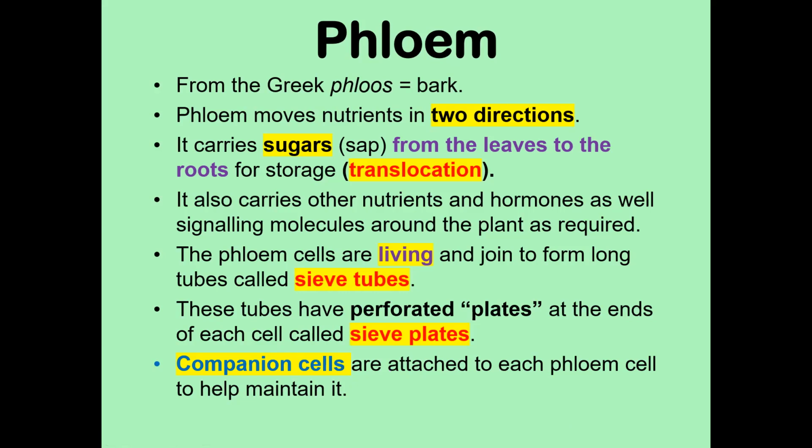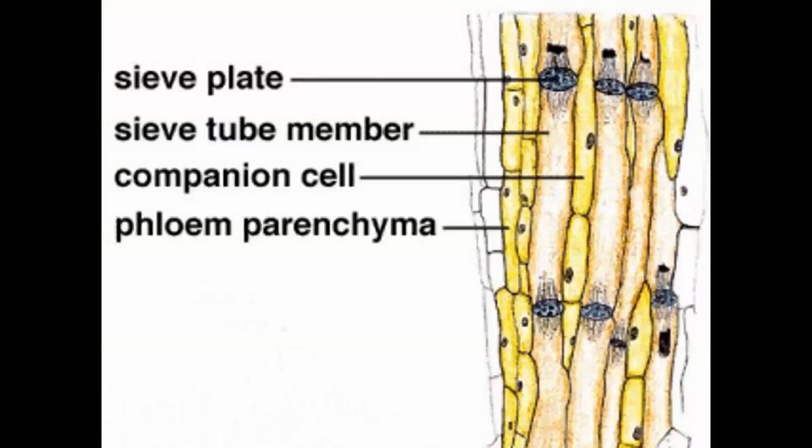And each phloem cell has got its own companion cell. So here's a diagram of it. Here we have a phloem cell. Here are the sieve plates along there. Now, these ones in the yellow, they have a nucleus. So they are living and keep these guys alive.